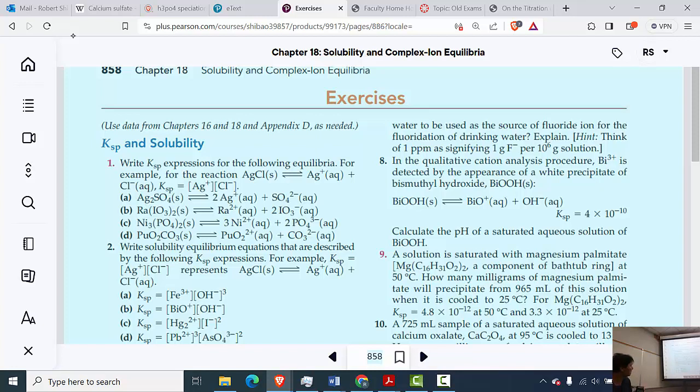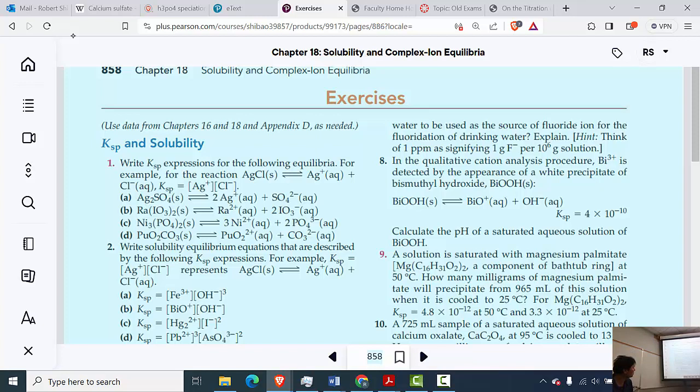For example, the Ksp of silver sulfate is equal to the silver ion concentration squared times the sulfate ion concentration to the first. That means rather than quadratics, which everything was in chapters 16 and 17, now we're going to have cubic equations and higher. This would be a cubic.